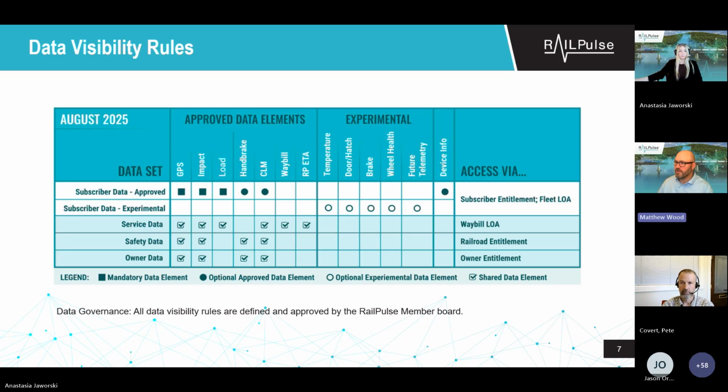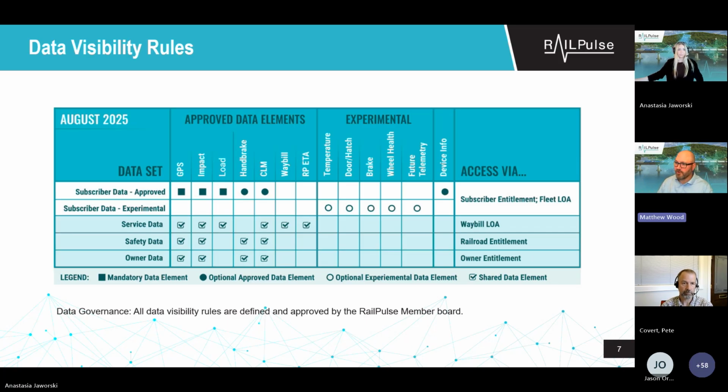Since we're still evolving the industry with the vendors, we want you to have that data available so you can use it, you can evaluate it, but not worry about it getting out into the wild. So you can see the experimental data is very locked down. It's just for the subscriber.